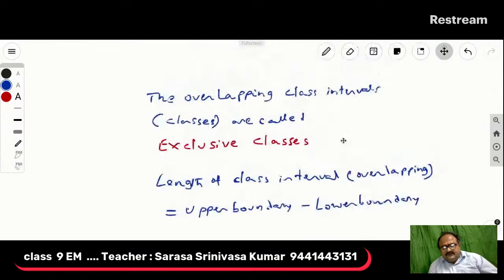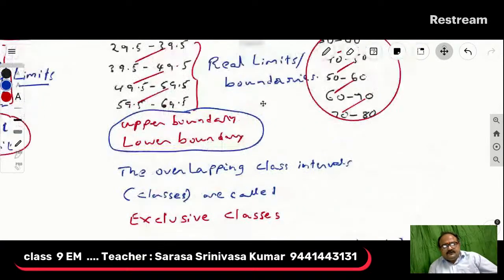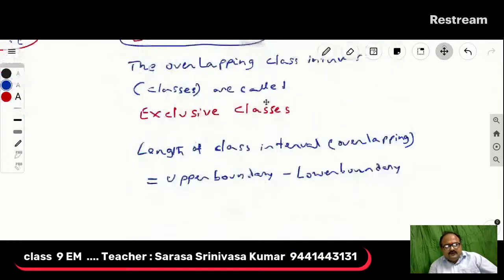In the above examples, if you observe, the difference is 10 only.